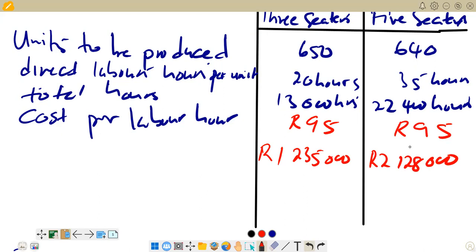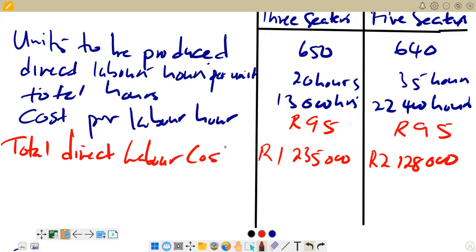And then we get the total direct labor cost. So this is what we have in terms of the direct labor budget.